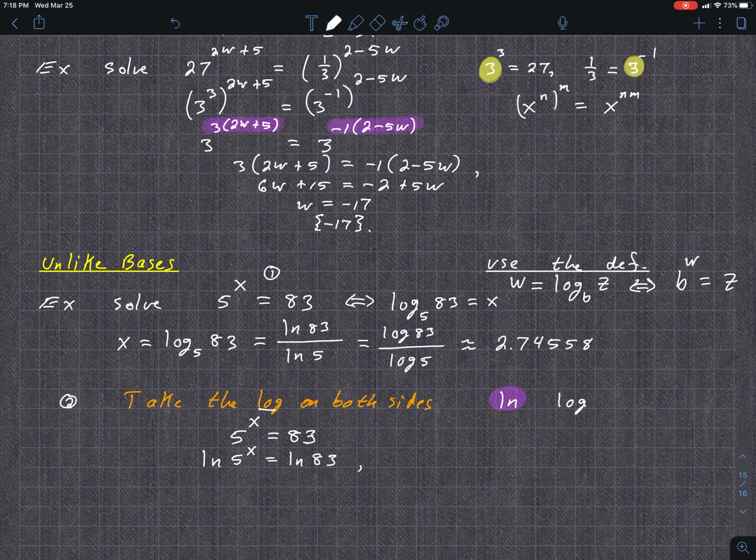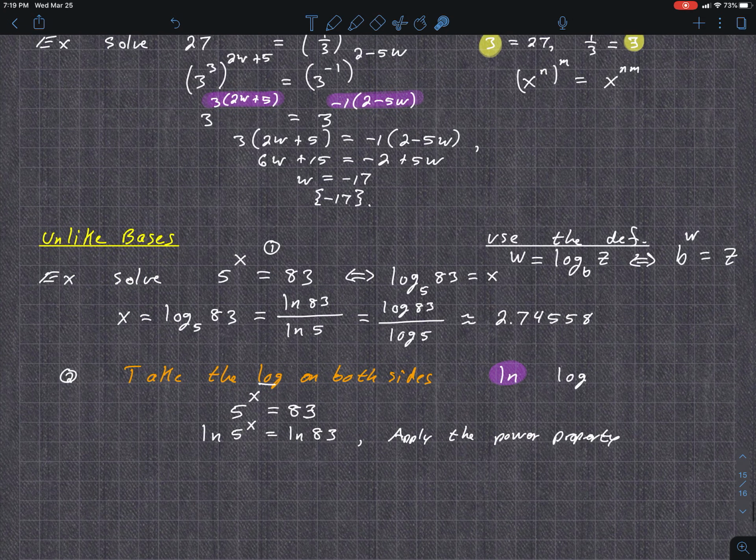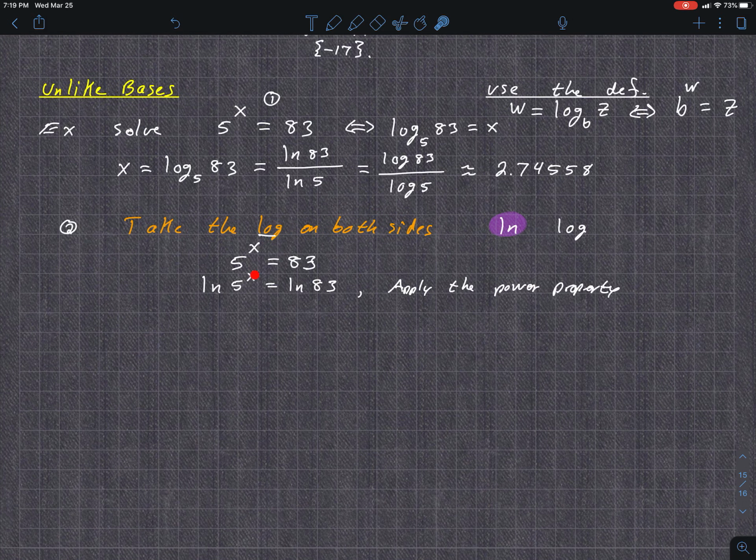And then you use properties of logarithms. We want to apply the power property. To apply the power property, we can bring this x out in front. So then you get x ln 5 equal to ln 83.